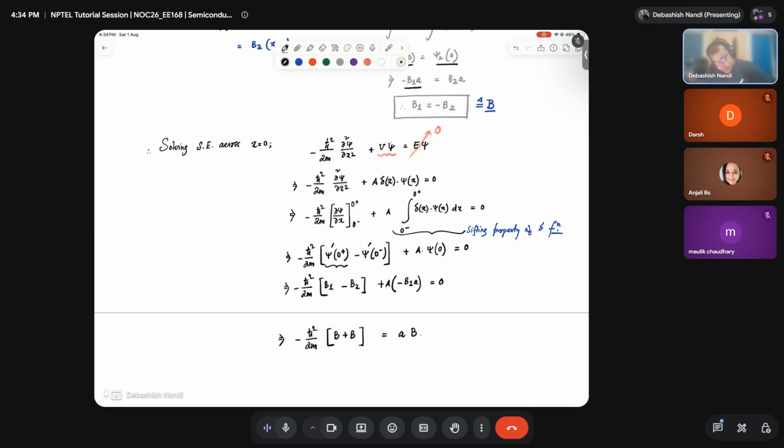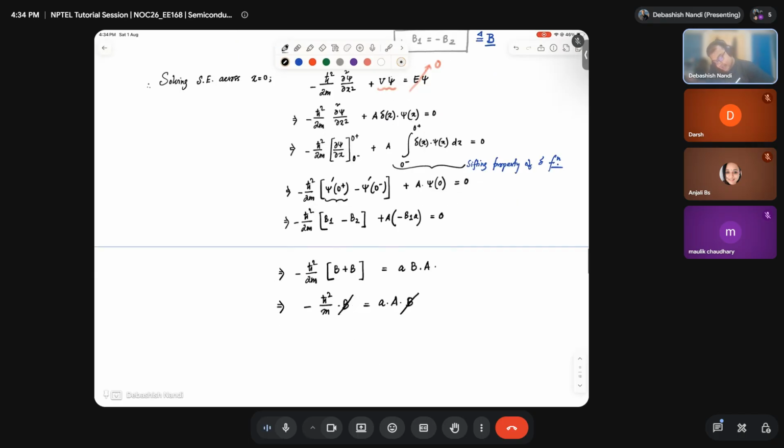A, B1 will be B and then A. So what will I have? Minus h bar square by M B equals A B. So this will get cancelled. So my A turns out to be minus h bar square by m times a.